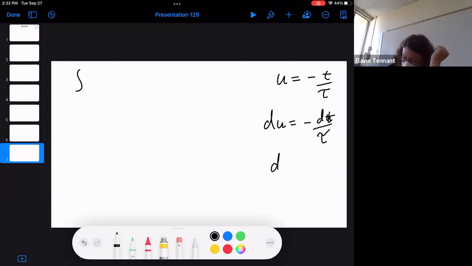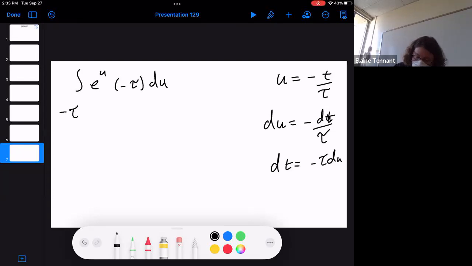So from there, we can say dt really equals negative tau du. And so there's our constant. So now we have e to the u, and we want du, so we need negative tau du. And you guys correctly told me that the integral of e to the x is e to the x. So this is just e to the u here.